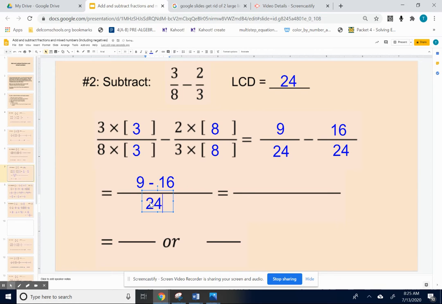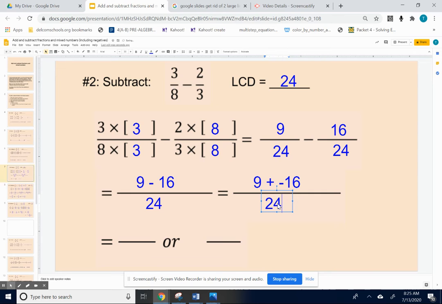Even though you may not have to figure out the answer, I gave you a place to change 9 minus 16 to an addition. So you should be writing or typing in 9 minus 16 as 9 plus negative 16, because we use same, change, opposite. 24 on the bottom.